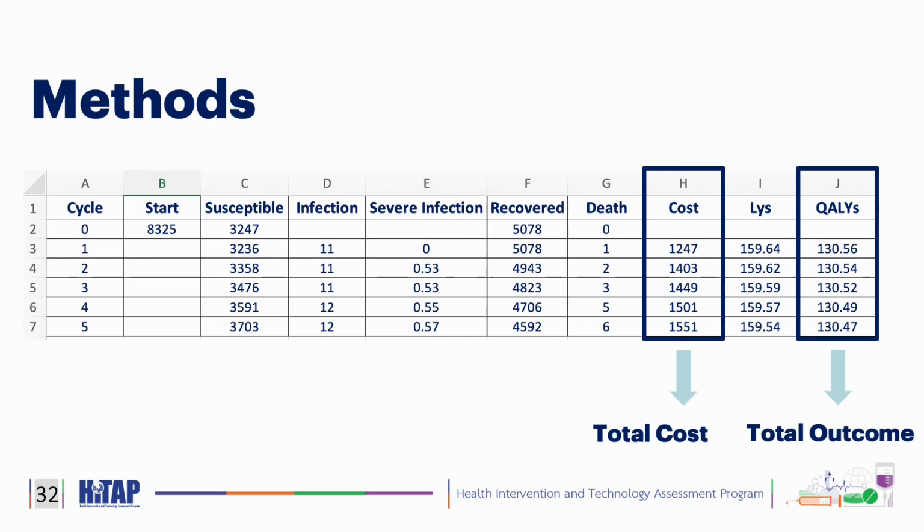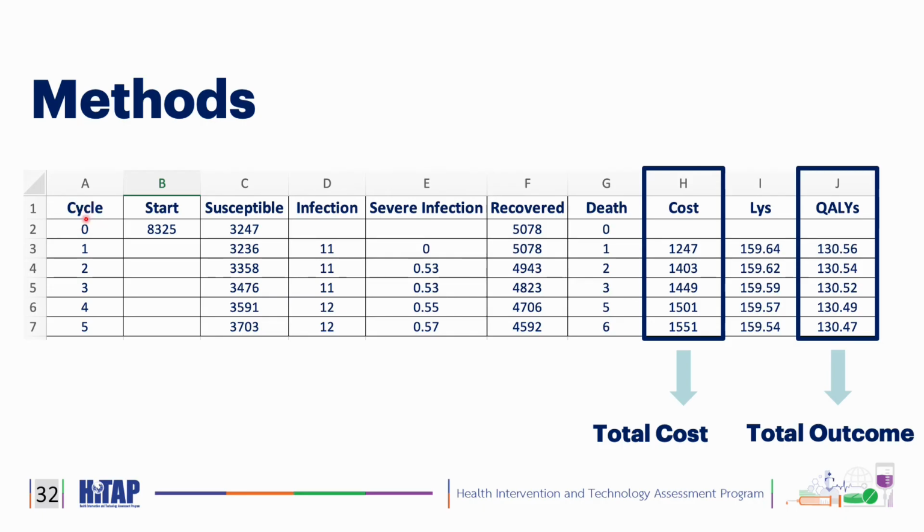So we start first from the cycle here with the starting patients, and we put the health stages of our Markov model in each column of the Excel, starting from susceptible, infection, severe infection, recovered, or death.